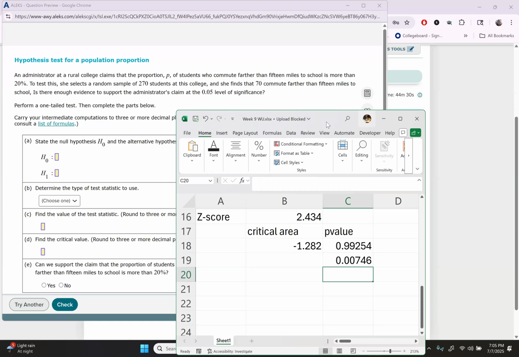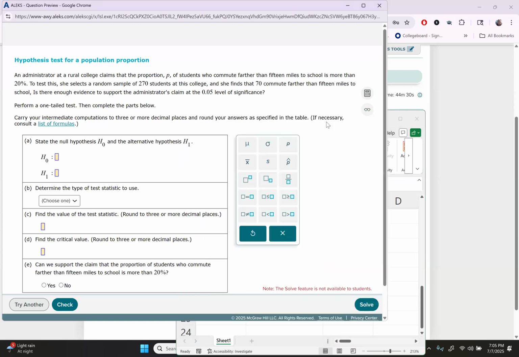So we begin with this one. In this case, we're going to say the null hypothesis is p is equal to 0.20, the proportion is equal to 0.20. And here, the alternative is the proportion p is greater than 0.20.